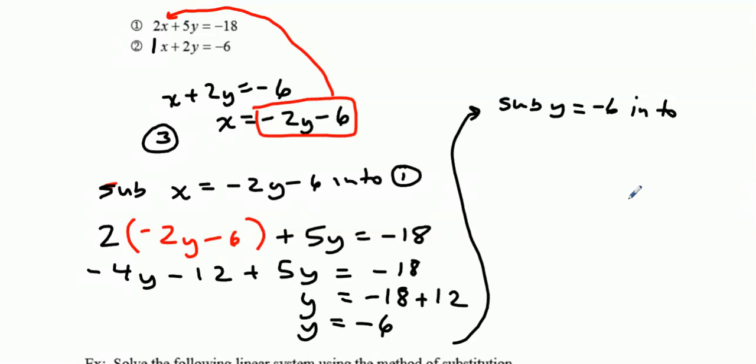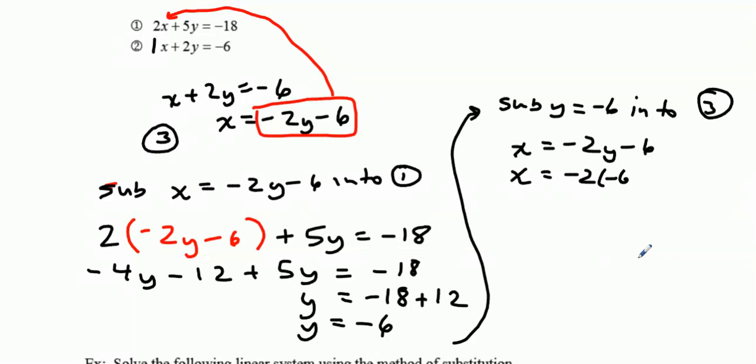So we could put it into 3, sure, why not, because it's already isolated and we can just stick the y in and get x very easily. So x equals minus 2y minus 6 and x equals minus 2 times minus 6, so x equals 12 minus 6, and x equals 6.